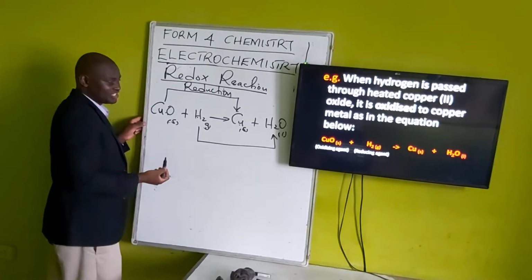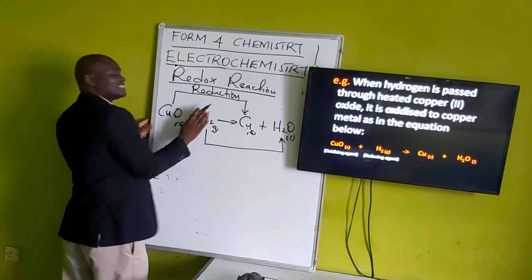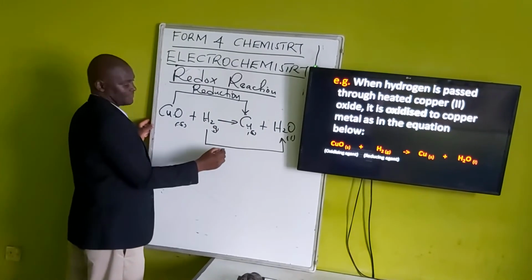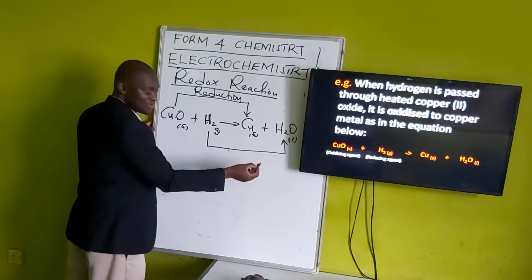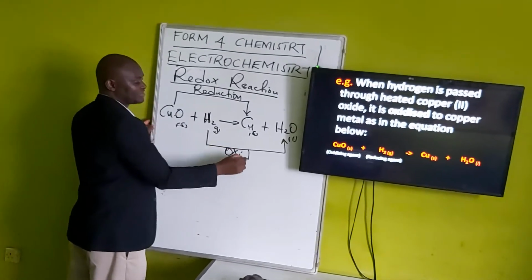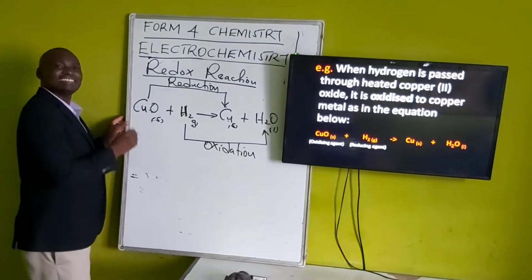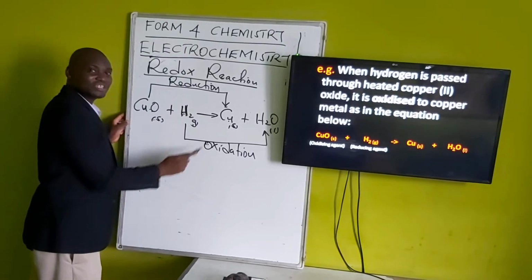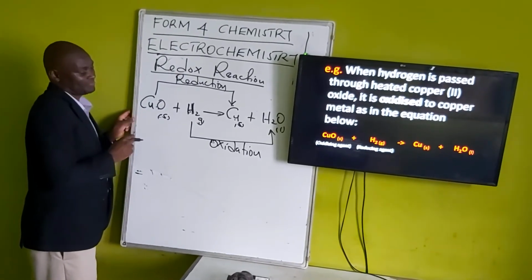What has happened to hydrogen? It has gained oxygen. We have added oxygen to hydrogen to form water. So in that case, we are oxidizing hydrogen to water. So hydrogen is undergoing oxidation. This is a redox reaction because there is both reduction and oxidation taking place at the same time.